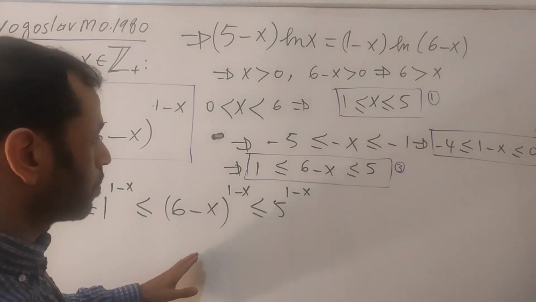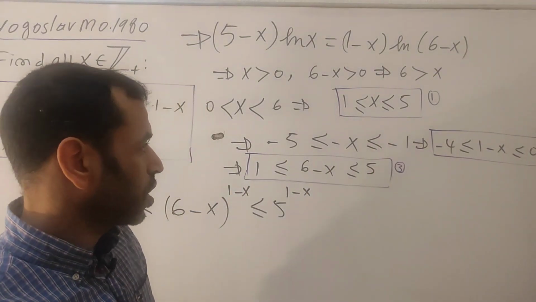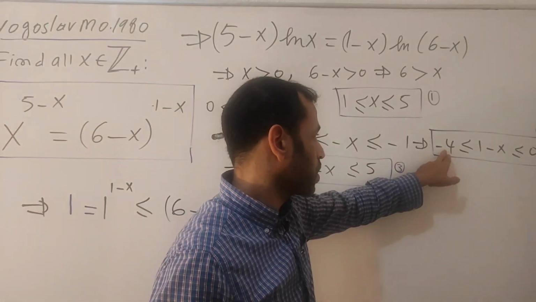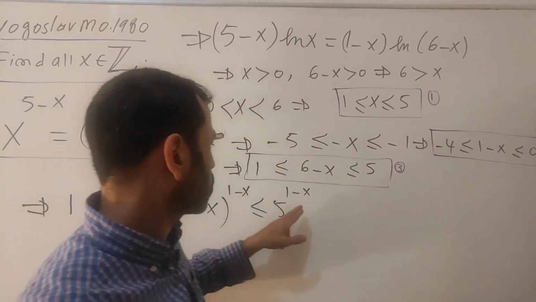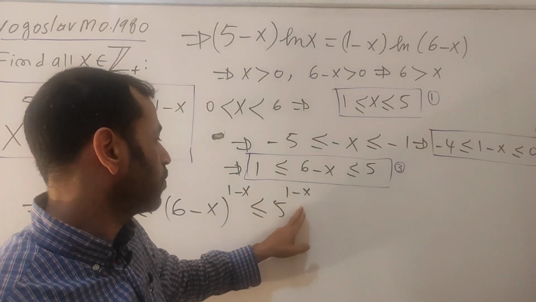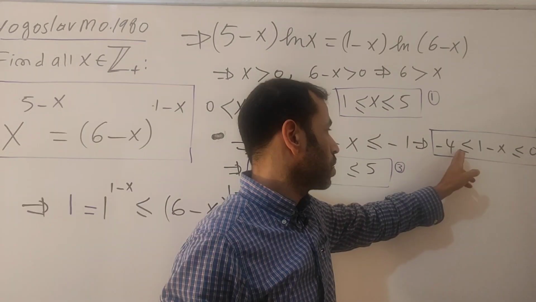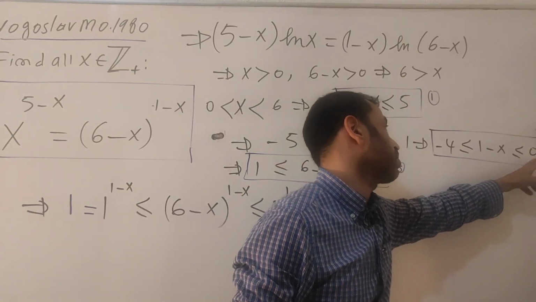Now back to the previous inequalities. If you look at inequality number 2, the exponent runs from minus 4 to 0. If the exponent is minus 4, you get an inverse, and it's impossible to have 1 less than or equal to that.